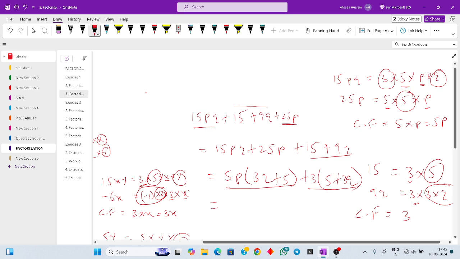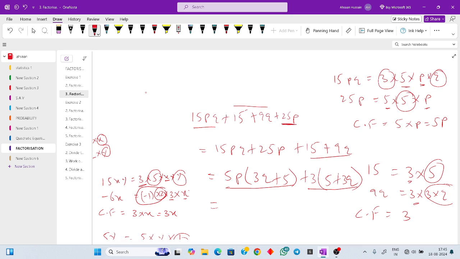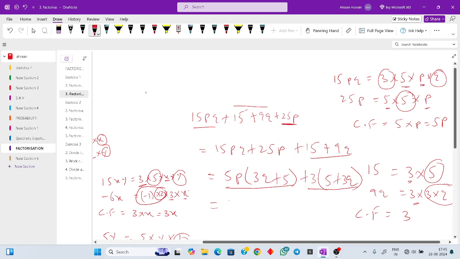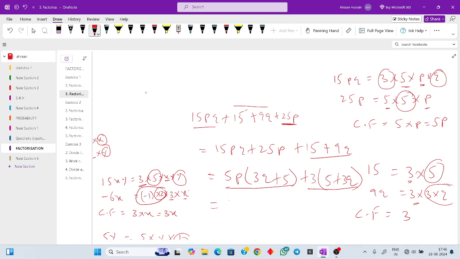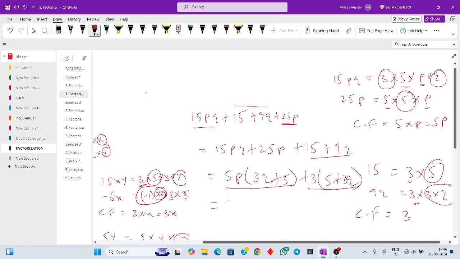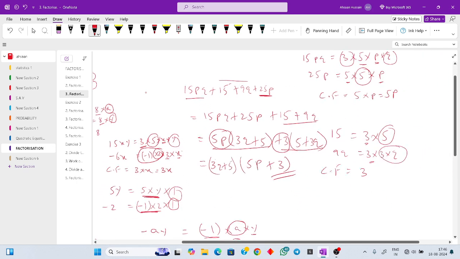And in these 2 terms, 3q plus 5 is common in both the terms, though it has been written in the reverse manner, but it means the same thing. Because 5 is positive, here also 5 is positive, here 3q is positive, here also 3q is positive. So we'll write 3q plus 5 as our common factor, and what is left here? 5p is left, and here positive 3 is left. So this is our answer.